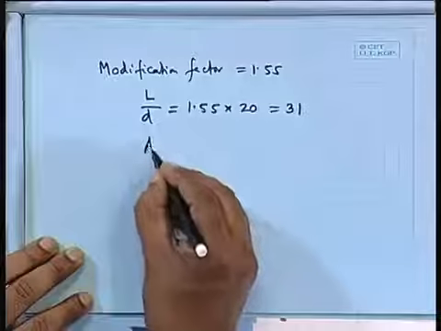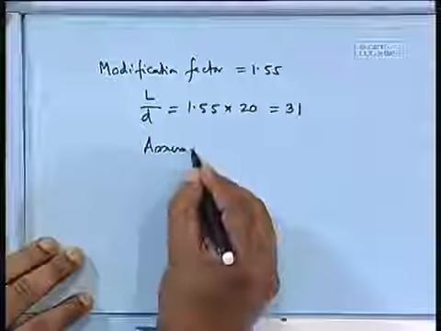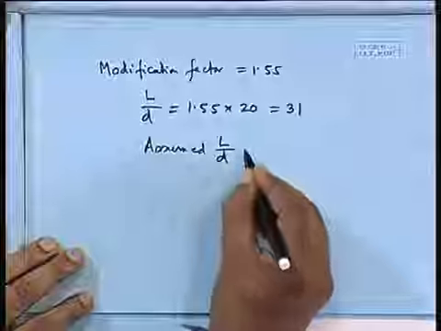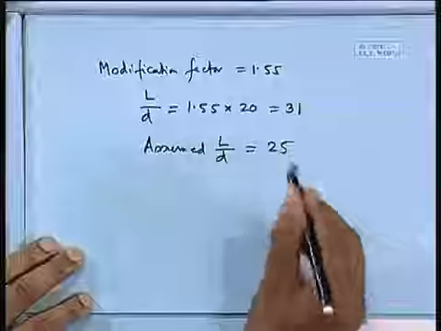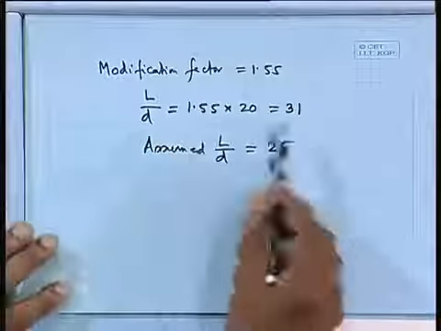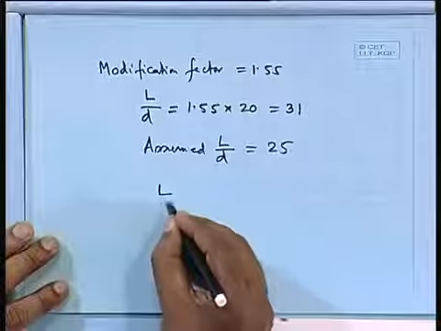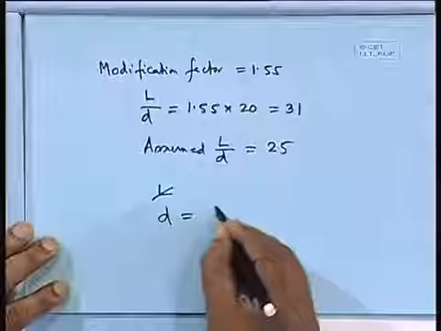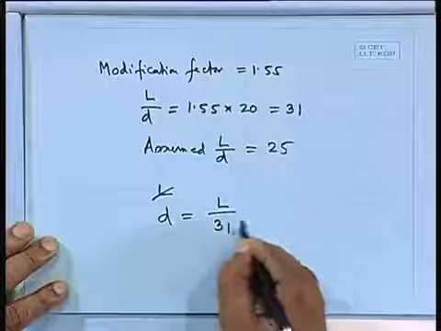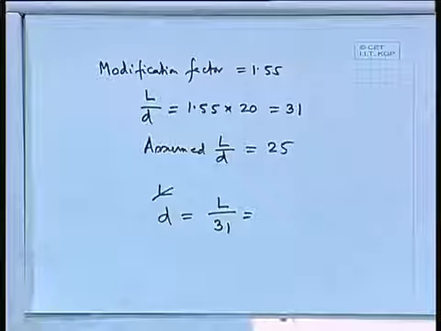We started by assuming L by d as 25. That means we can reduce the d. In this case d will be equal to L by 31.